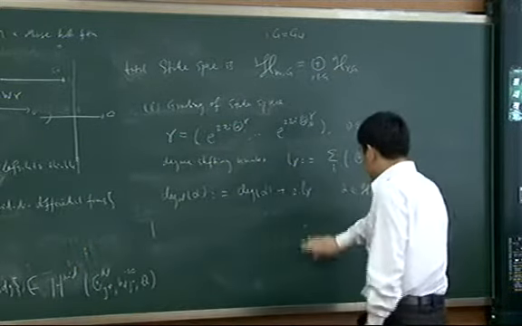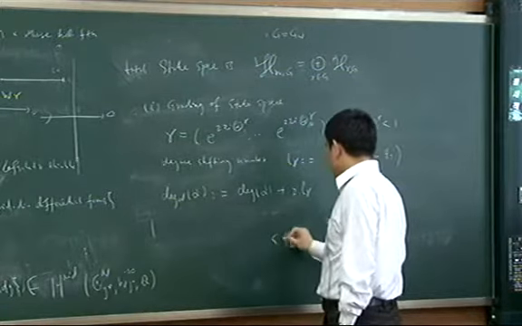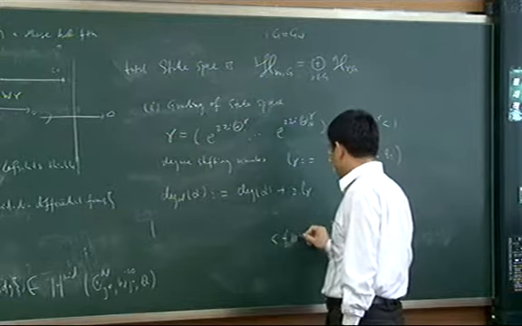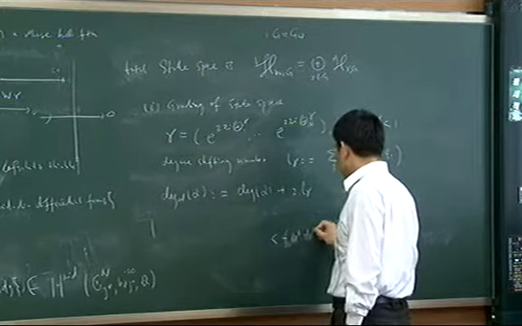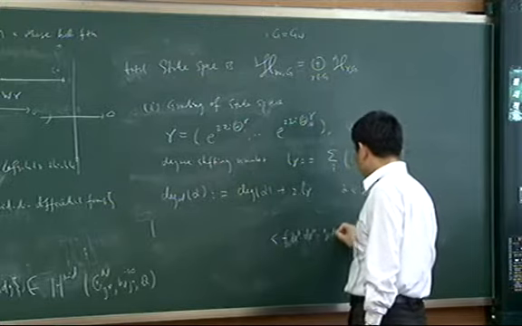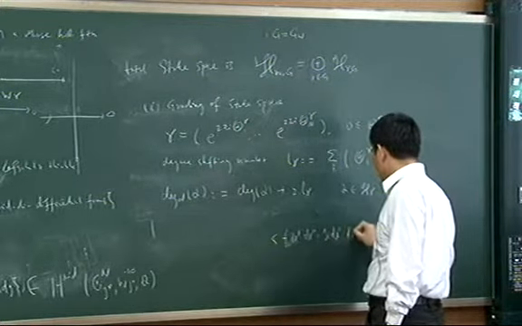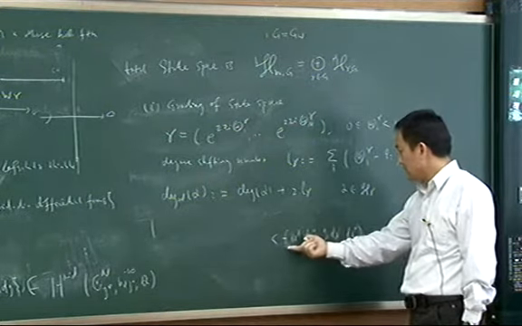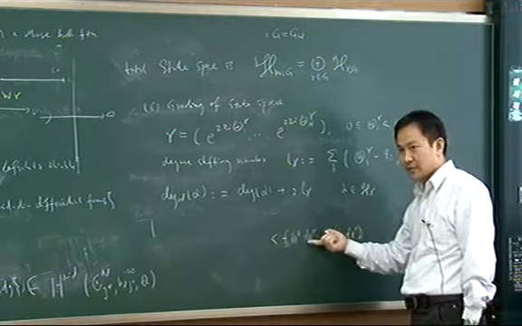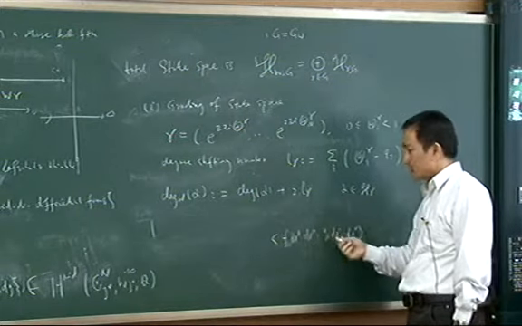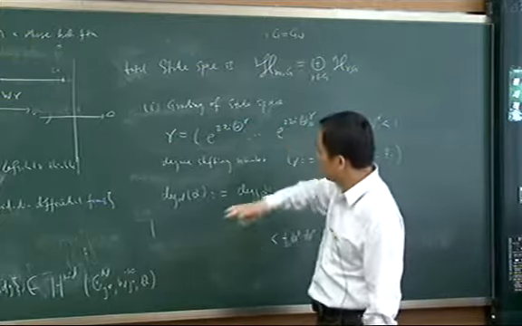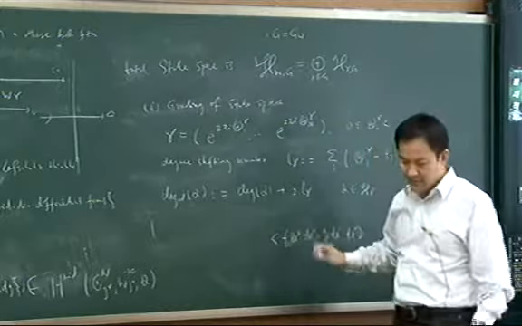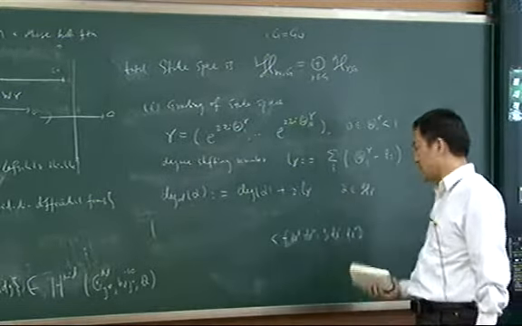For example, you can consider this one, dx1 to dxn. What we care about is the pairing of two differential forms. Why do we care about that? Because this is a metric of this state space. I will tell you later, then you can understand this.